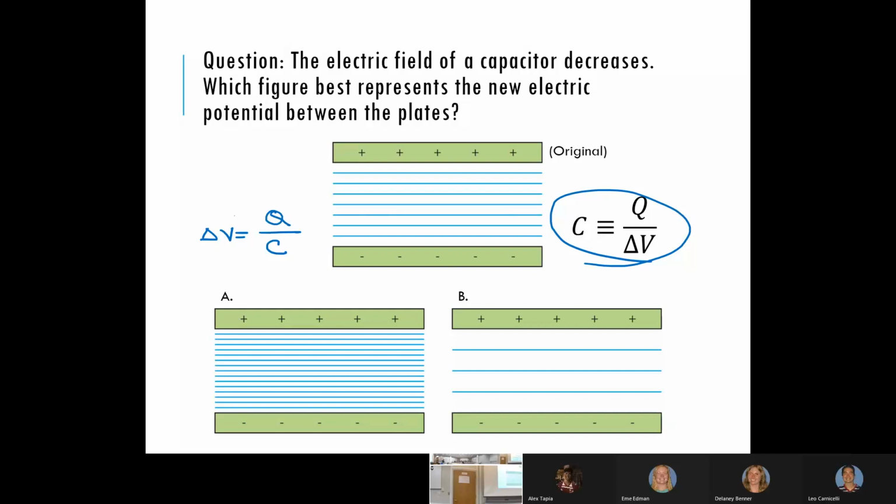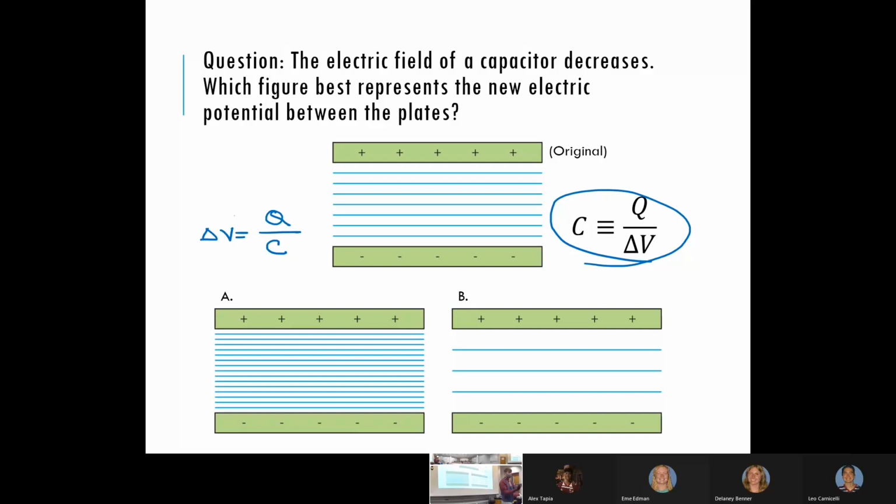So again, if you wanted to say, experimentally, how would you find the capacitance of an object? You take the object, put a set amount of charge on it, and then measure the potential difference between the two plates with your little mapping probe.